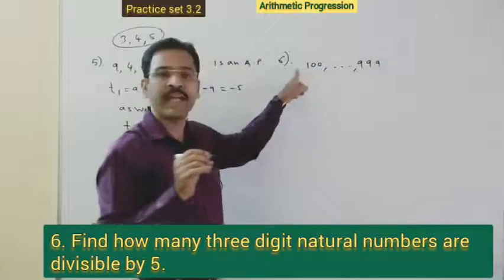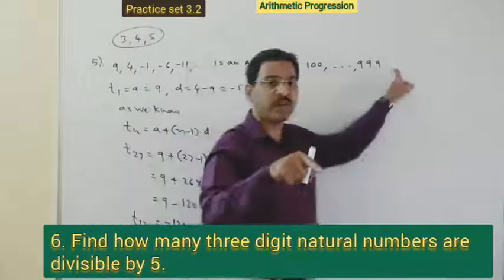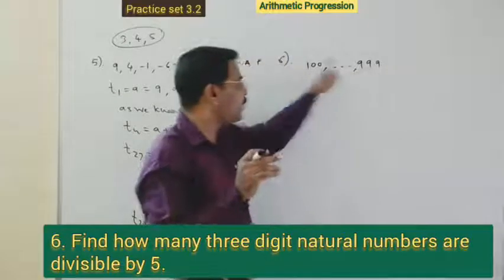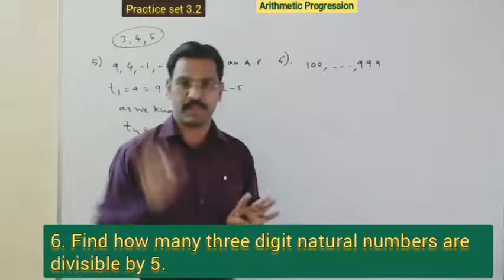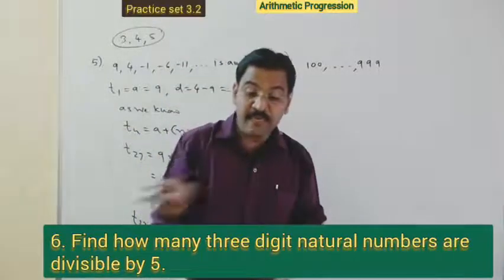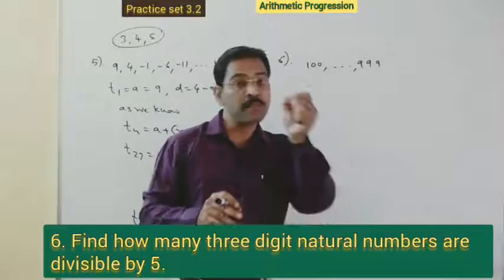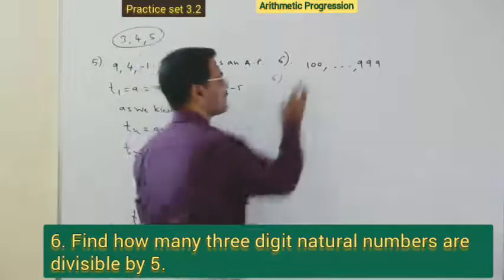Because before this one, 99 is the largest 2-digit number, and after this one it is the smallest 4-digit number. Means 100 to 999, these are the 3-digit natural numbers. Okay. Now what we have to find here? How many terms are divisible by 5? So let's check. Okay friends, look here. First I will write here.